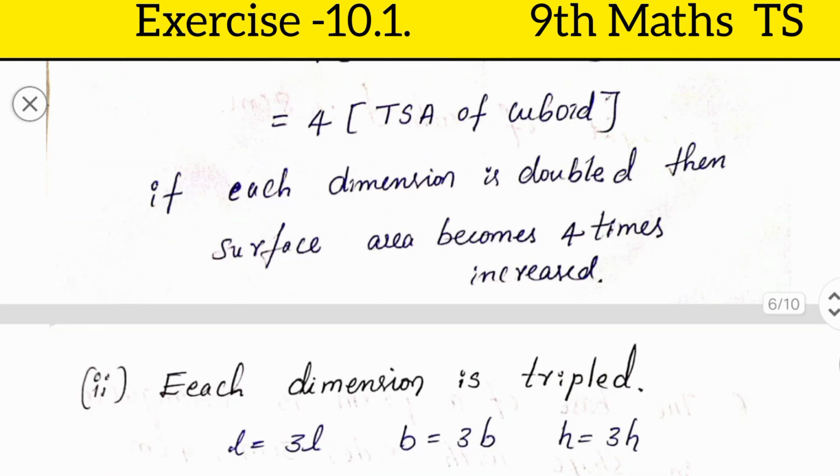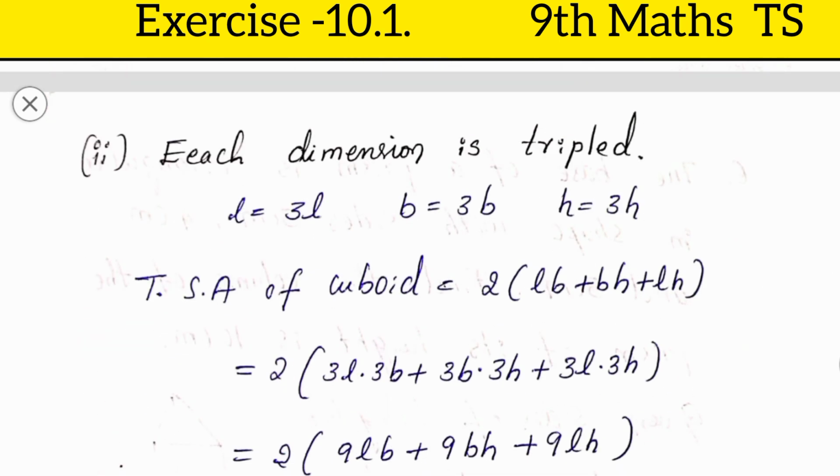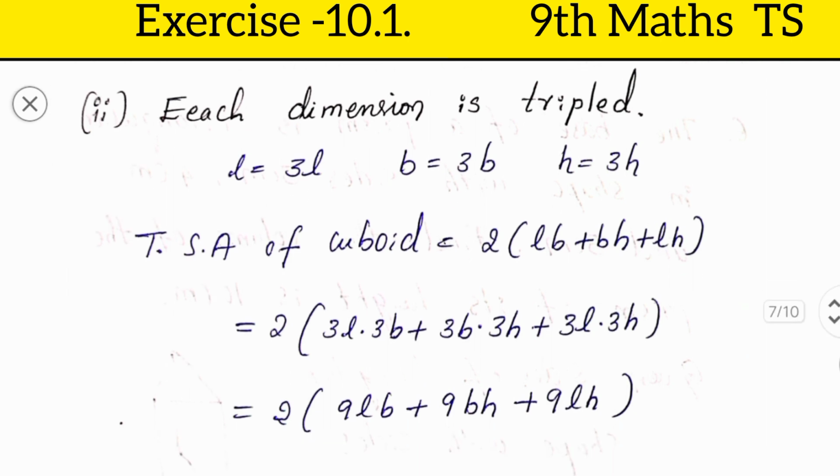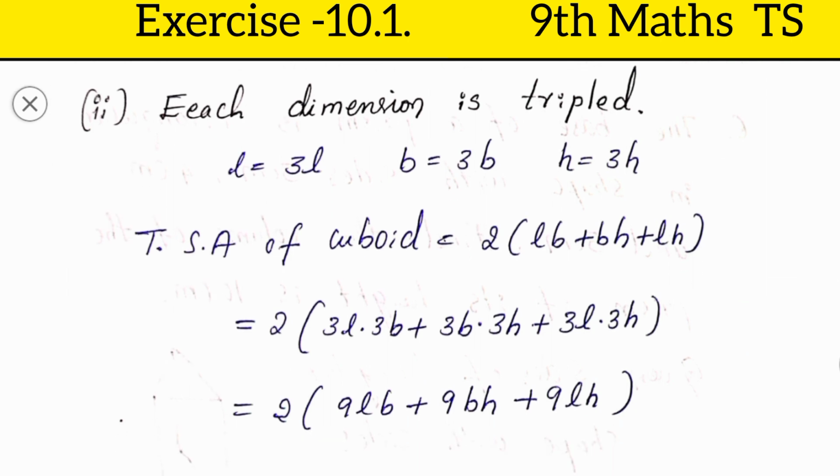Okay, so now each dimension is tripled. In the second question, what is being asked is that each dimension is tripled, which means length becomes 3 times the length, breadth becomes 3 times the actual breadth, height becomes 3 times the actual height. So the TSA of the cuboid is the same, 2 of LB plus BH plus LH.